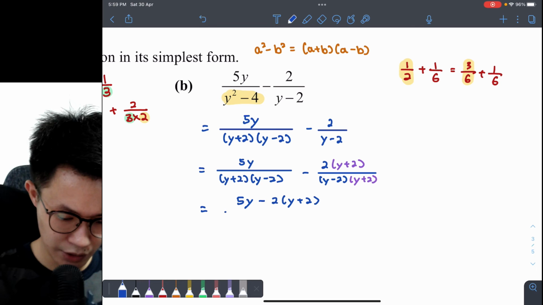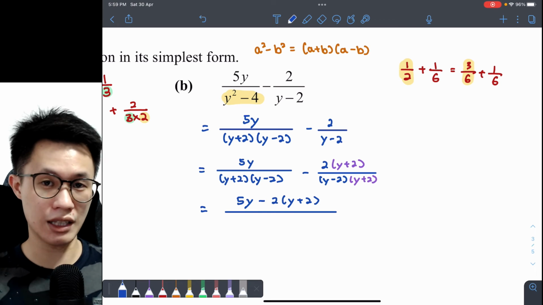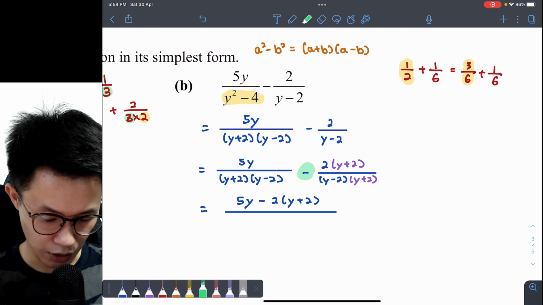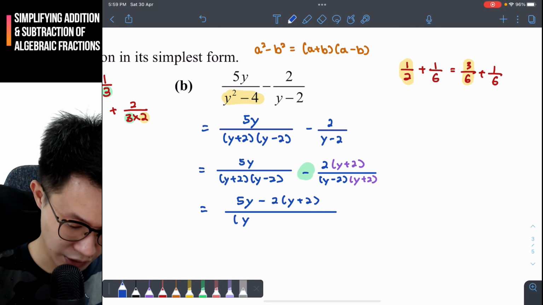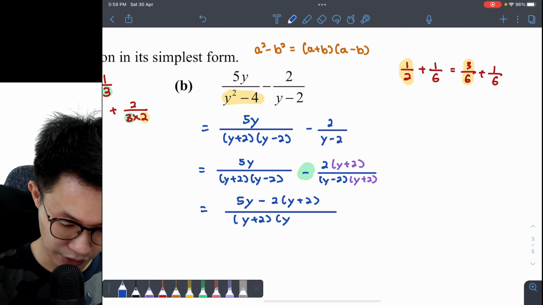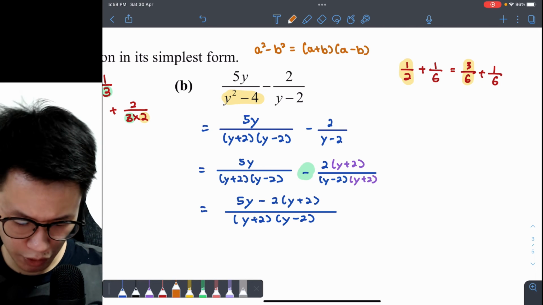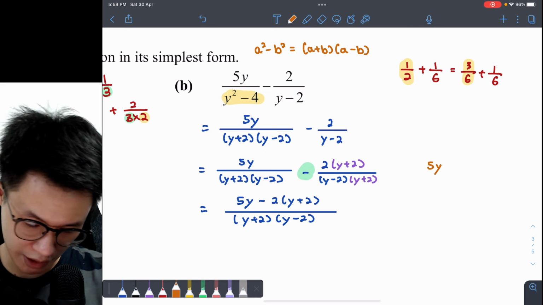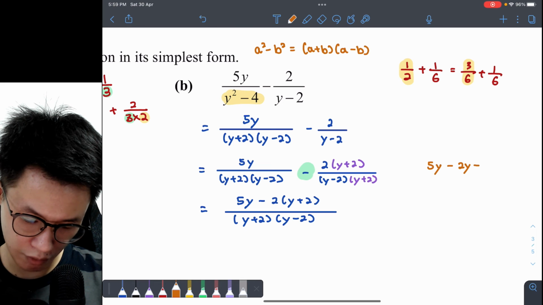Now, this is where you need to be careful, because if you take it for granted, you expand it and you forget about this negative sign. This negative sign is pretty important. You're going to get a wrong answer. What do I mean? Let me show you the correct answer first. Now, if you do something like 5y, let's expand it, minus 2y minus 4.